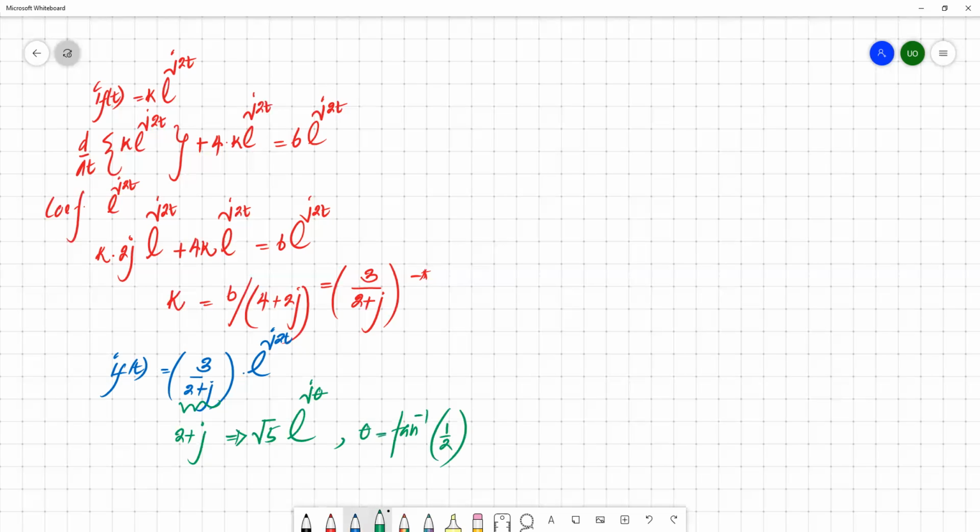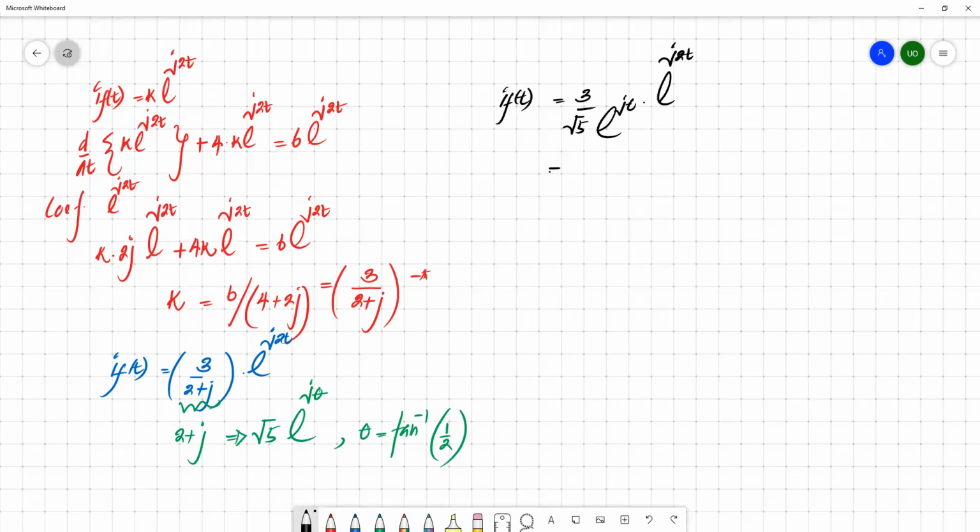So if you substitute it into this, the forced response equals 3 divided by this. We can replace 2 plus j using root 5 e to the power j theta, times e to the power j2t.